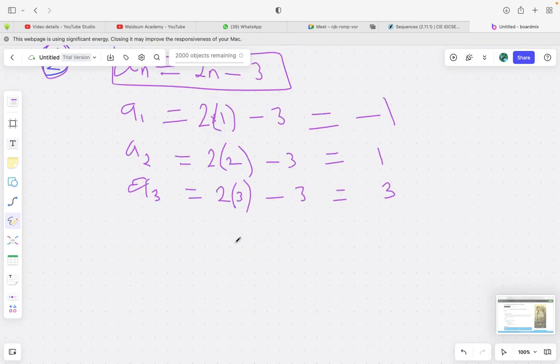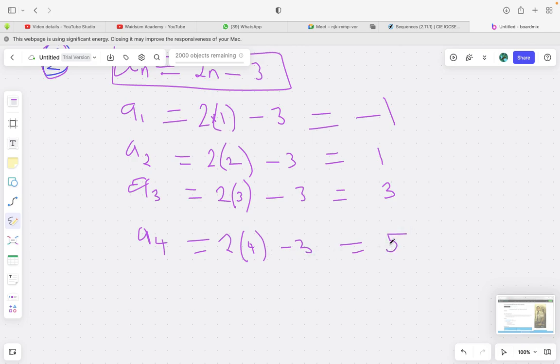Then my fourth term, see, I'm generating a sequence now, which I'm going to write out. My fourth term will be 2 multiplied by 4 minus 3. 2 multiplied by 4, you get 8. 8 minus 3, you get 5.